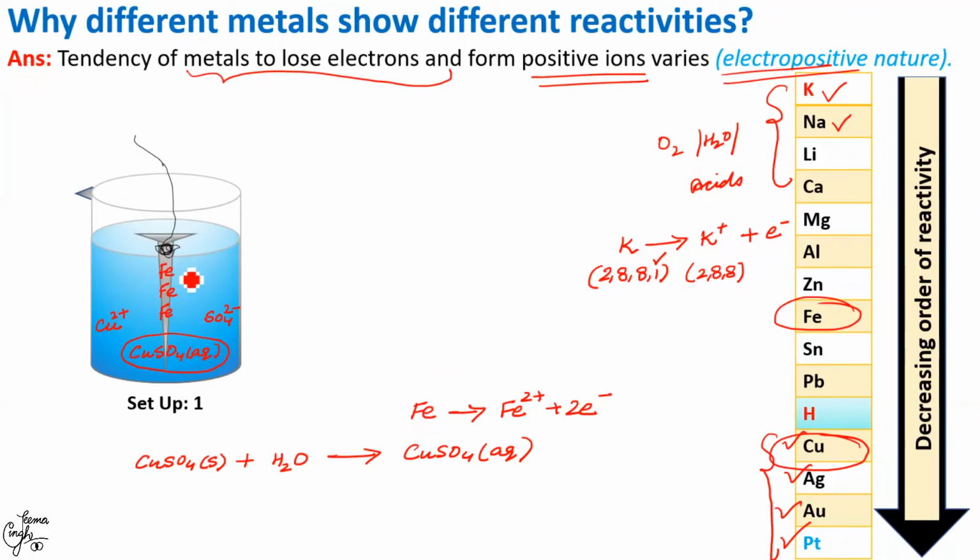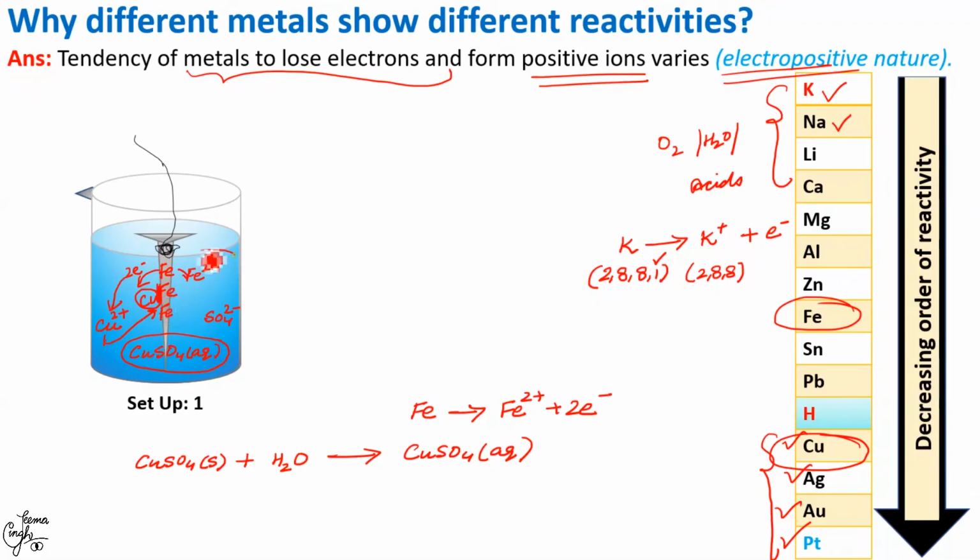So this Fe loses 2 electrons and forms Fe2+ ion, right? Now Cu2+ is going to take these 2 electrons and convert into copper metal, and this copper metal is going to deposit slowly on this iron nail as the reaction proceeds.